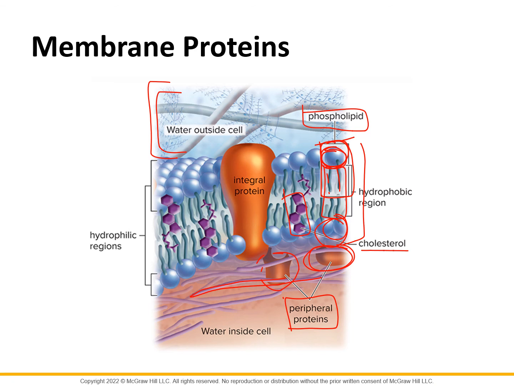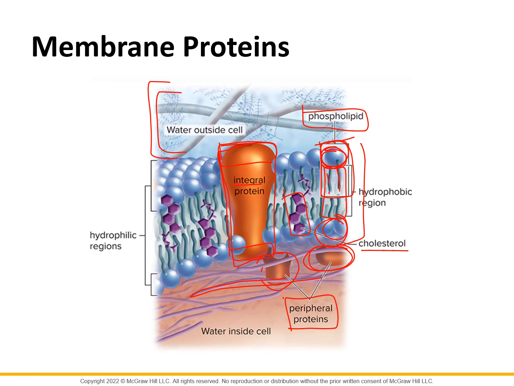But the main protein I want to talk about now are the integral proteins. And integral proteins are found embedded in the cell membrane. Sometimes they're called transmembrane proteins because they go through the whole membrane, and they will have two hydrophilic parts interacting with water.